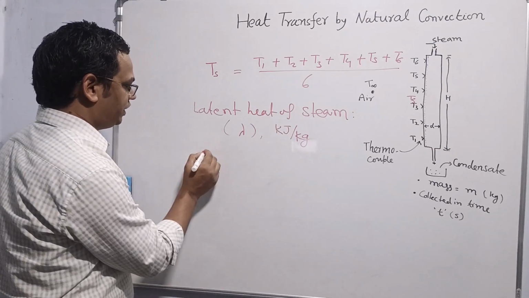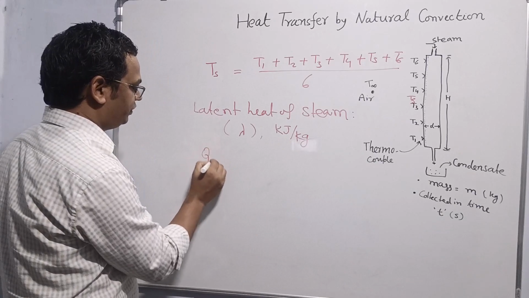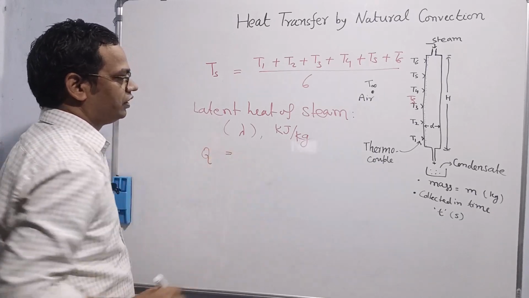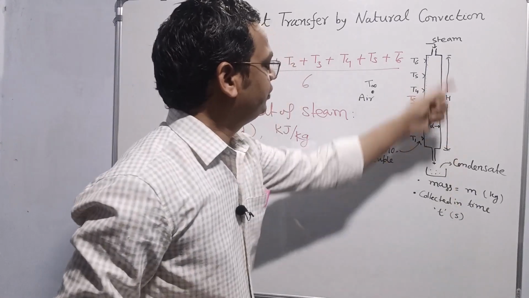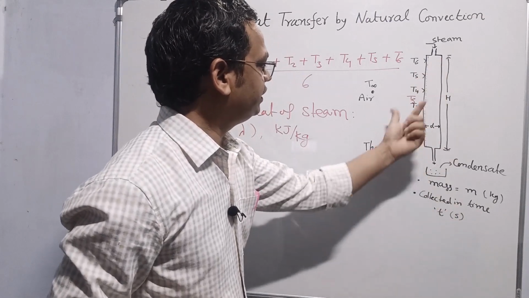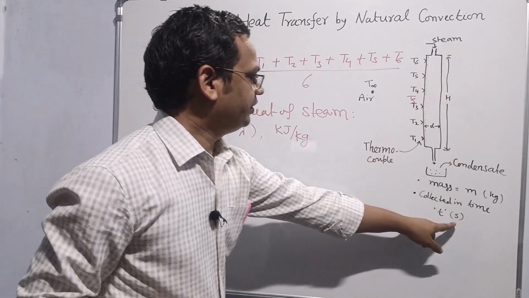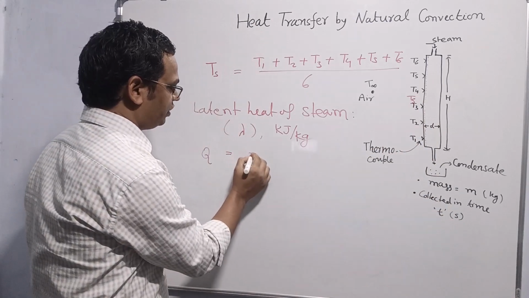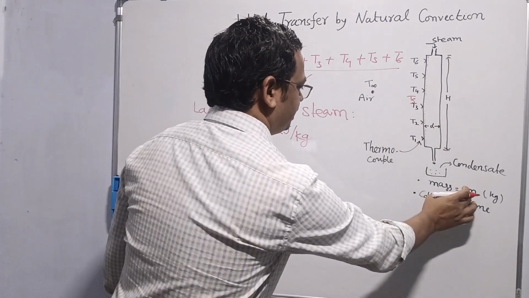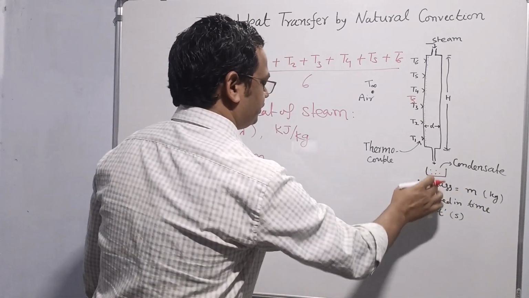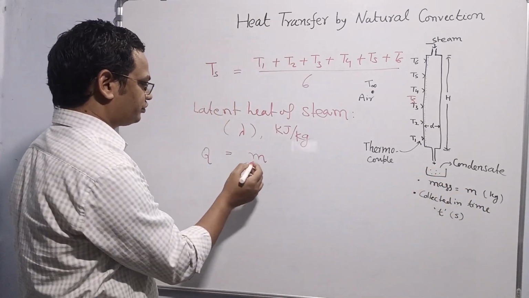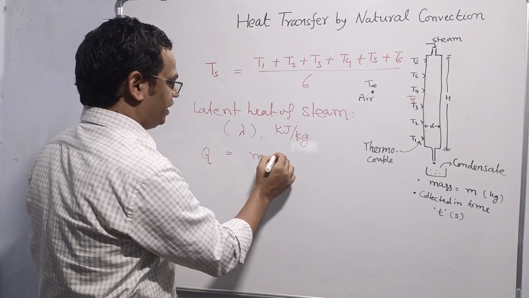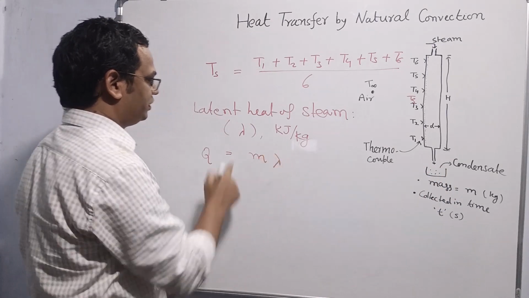Now heat lost we can find, latent heat Q. Total heat lost by steam or heat released during the condensation for a specific period of time T. So mass is M, that we have measured, this collected mass, and lambda, this one.